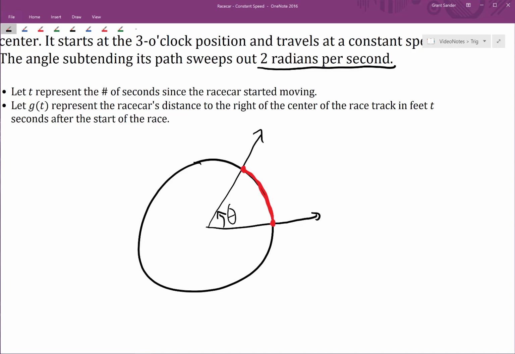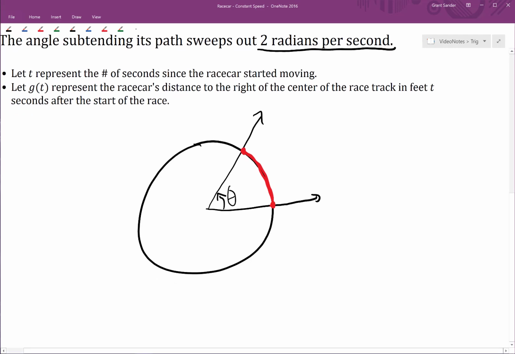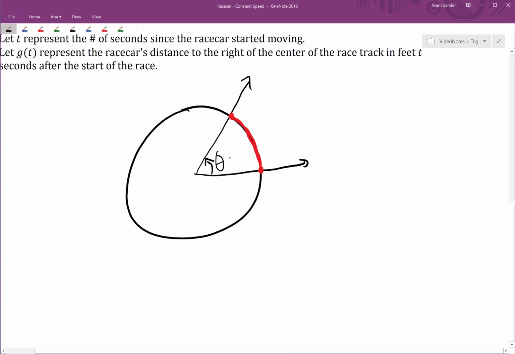If 1.5 seconds have elapsed, the angle sweeps out 2 times as much as 1.5, so 3 radians. And in general, the angle will sweep out 2 times as many radians as there are seconds that have elapsed. And therefore, theta, the measure of that angle, will be equal to 2 times t, 2 times as large as the number of seconds.